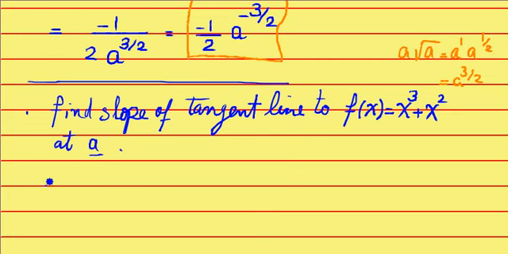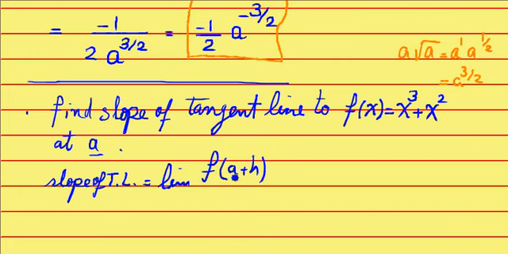So what's our starting definition? Slope of tangent line is the limit of, to use the h notation, f of a plus h. So a is the point that is given, h is the variable, minus f of a divided by h as h goes to 0.